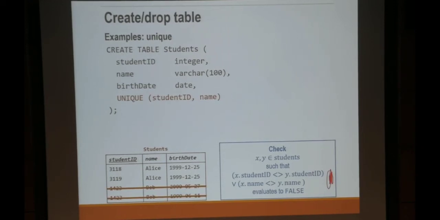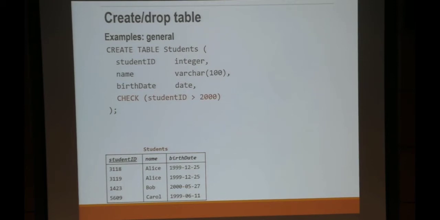Right? So the very last one is the general one. As long as this one evaluates to true, you will accept the insertion or the updates. Okay? So this one violates the constraint, so you should not be able to insert that.